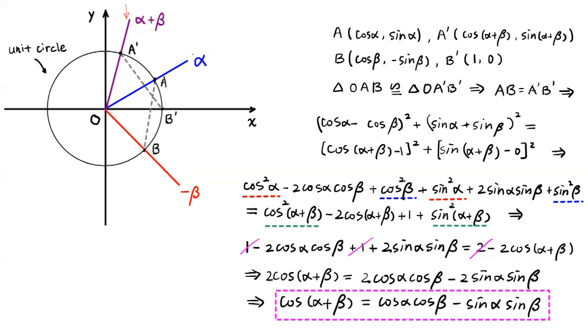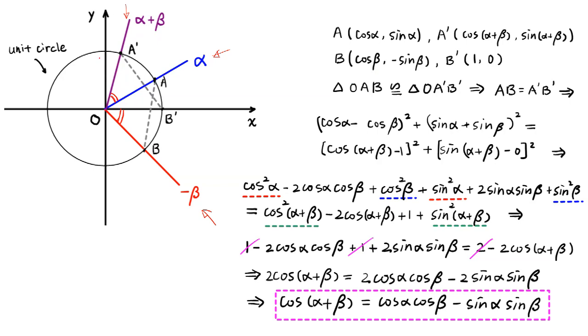So this is alpha, this is minus beta, and this is alpha plus beta. And we also know that this angle here equals the angle here, right? Because this is minus beta, and this is alpha plus beta, so that means this angle here must equal this angle, right?